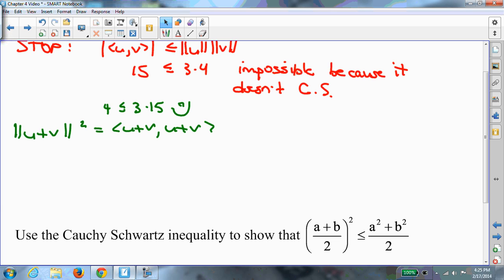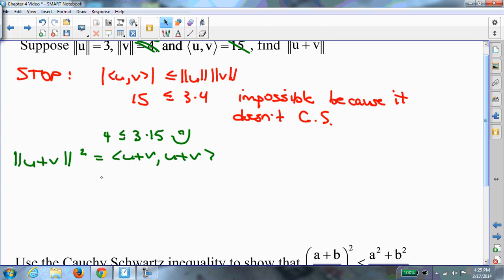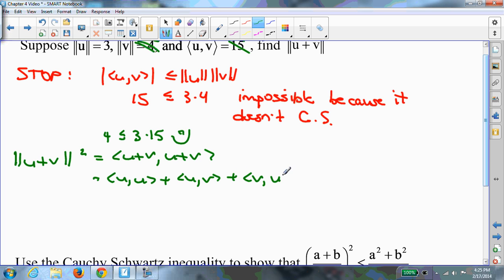And since inner products are distributive, this is the same as u inner product u plus u inner product v plus v inner product u plus v inner product v. And u inner product u is magnitude of u squared. u dot v and v dot u are equal to each other, so that's 2 times u dot v plus the magnitude of v squared.